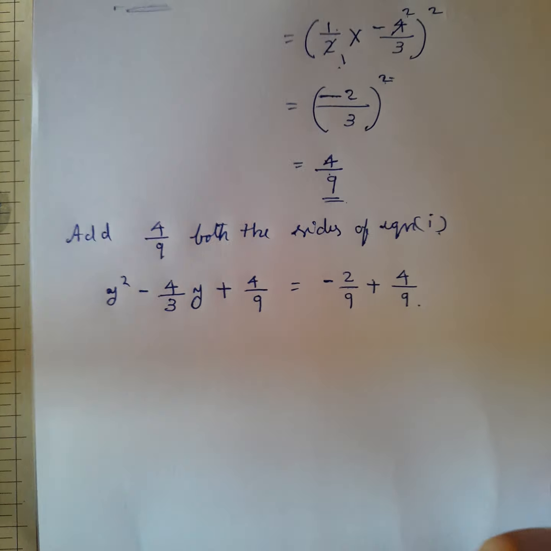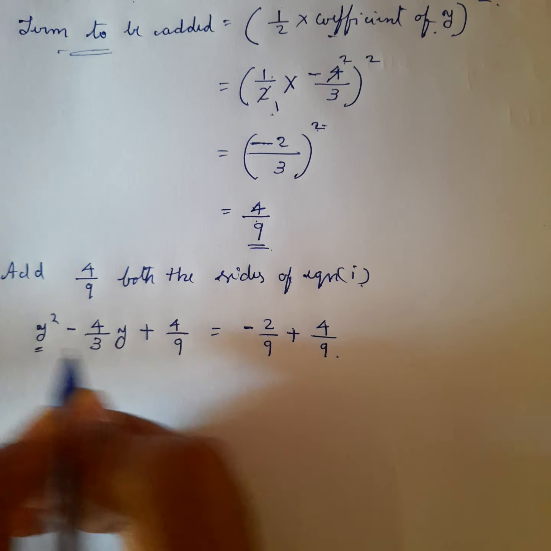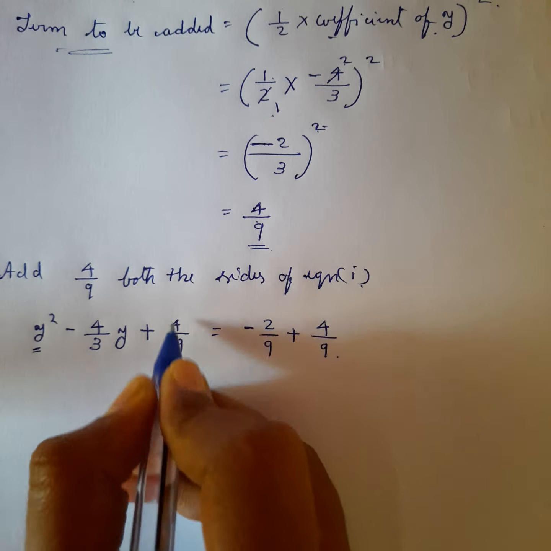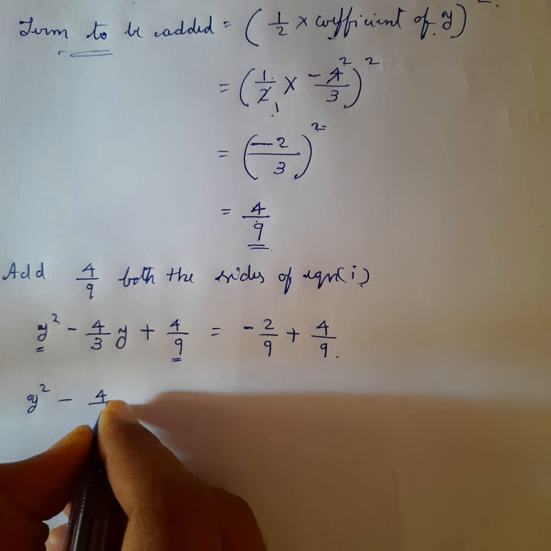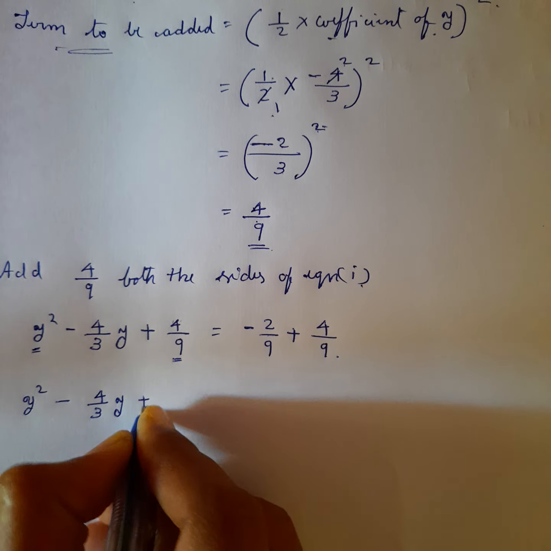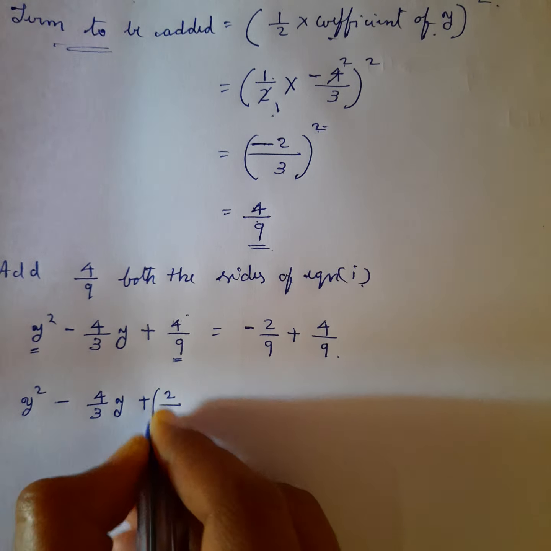Now here, the first term is y square and the last term also we have to write in square form. So how to do it? y square minus 4 by 3y plus, the square root of 4 is 2, the square root of 9 is 3, so square.